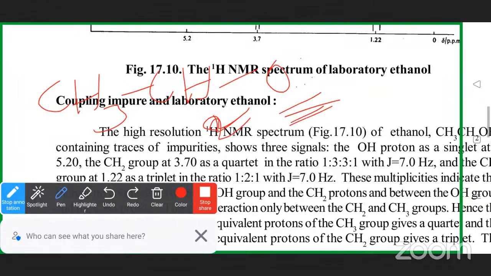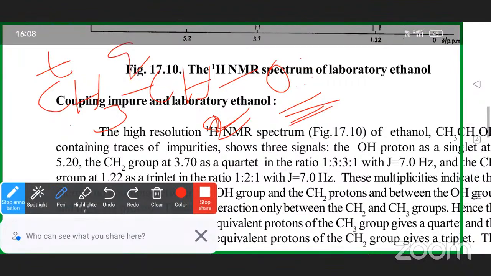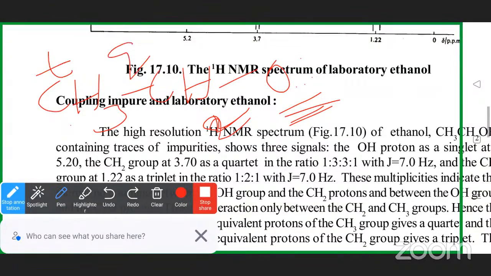Then what will be the multiplicity for each set of protons? For this, you will get a triplet. For this, you will get a quartet. And there is no signal for the OH proton. So you will get only two signals, a triplet and a quartet.